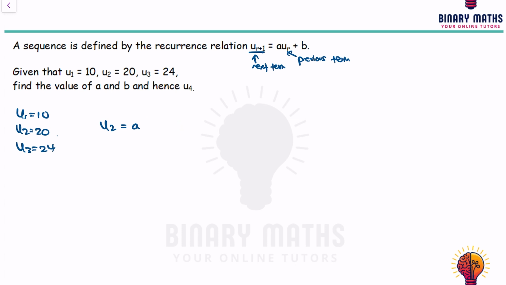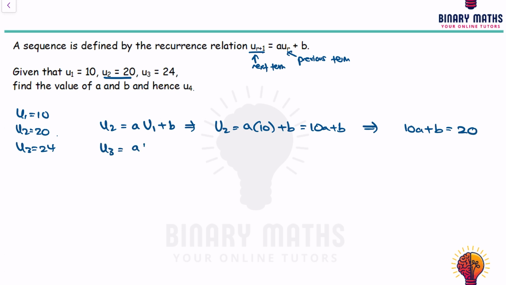Maybe I should write that down. u2 will be a times u1 plus b, which implies u2 will be equal to a times 10 from what we've been given plus b, which is equal to 10a plus b, which means 10a plus b must be equal to the value we've been given for u2, which is 20. u3 is equal to a times u2 plus b.